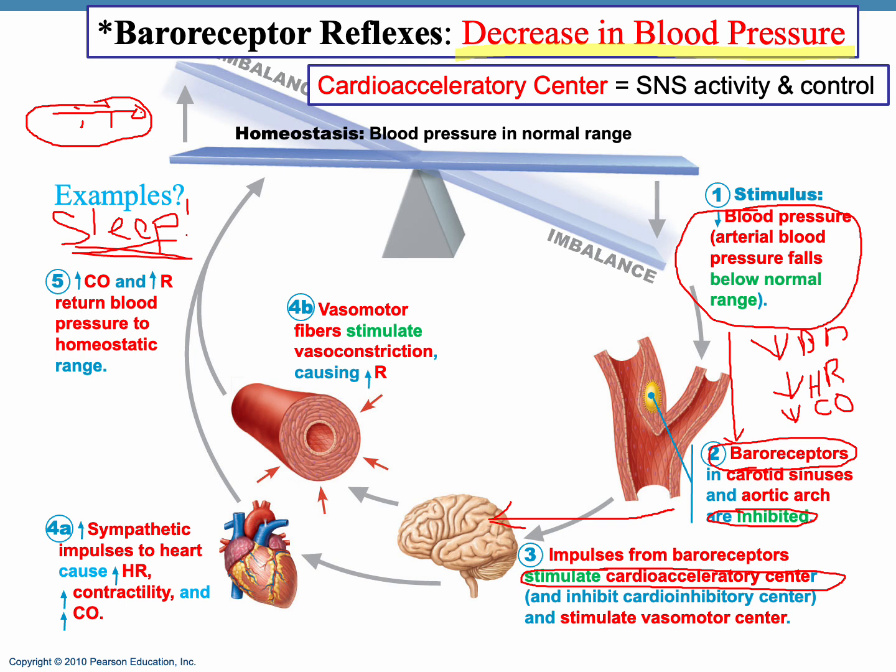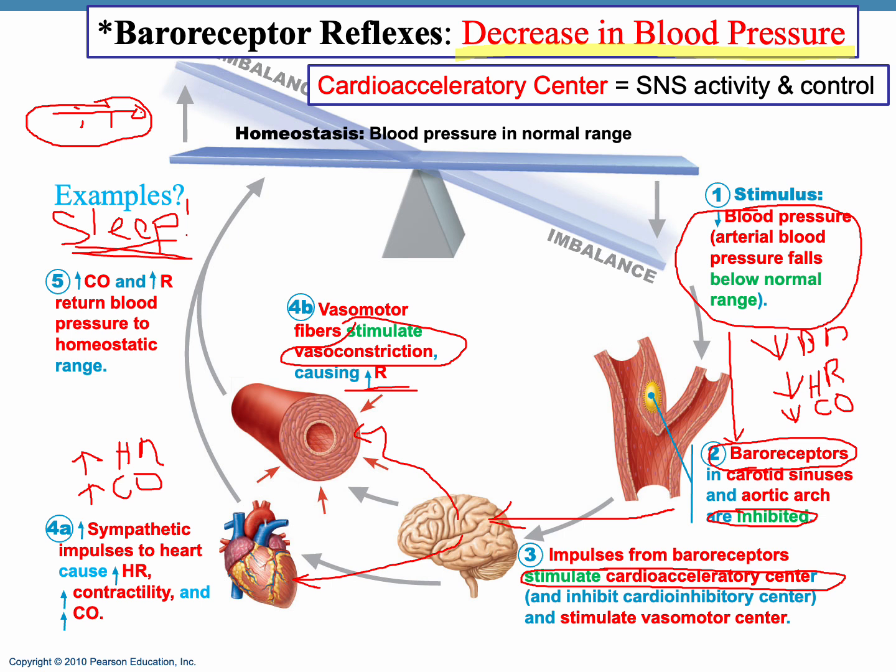So when you stimulate that center, ultimately, messages are sent to the heart, and this can lead to an increase in heart rate, HR, and an increase in cardiac output. Messages are also sent to blood vessels, and this can stimulate vasoconstriction, causing resistance to increase.